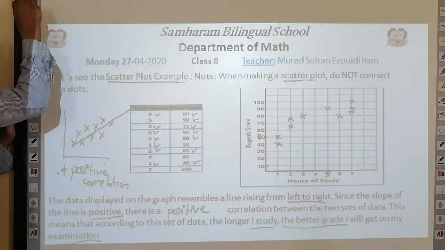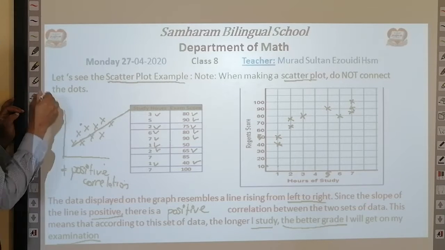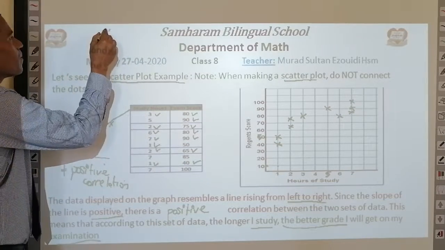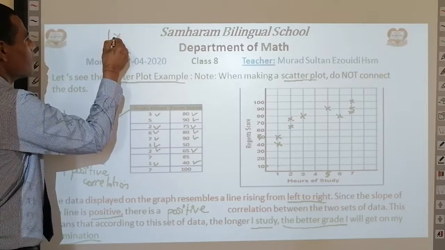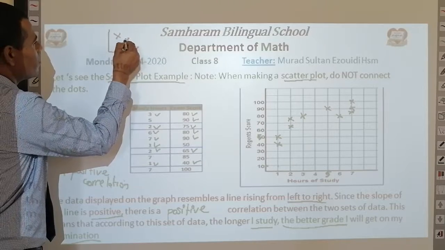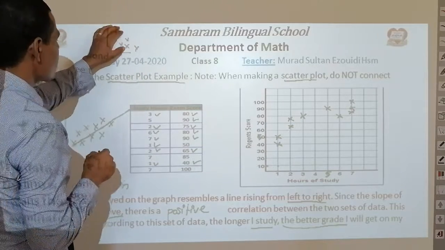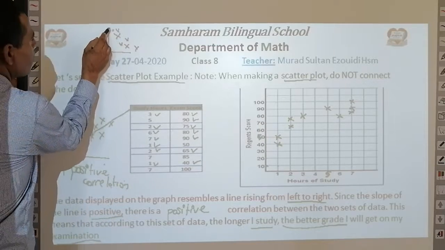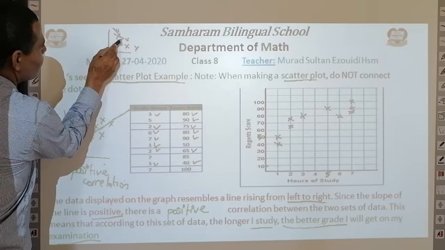Now, for example, if we have the opposite way, like that, okay? For example, this is here, this is there, this is there. You can see that the scatter diagram has a negative slope, like that.